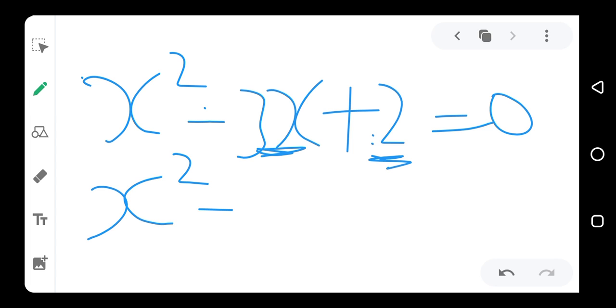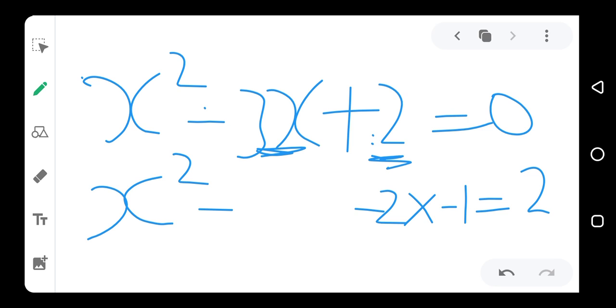Now let's say minus 2 and minus 1. If a minus times a minus, it is going to give us plus, so minus 2 times minus 1 will give us plus 2.